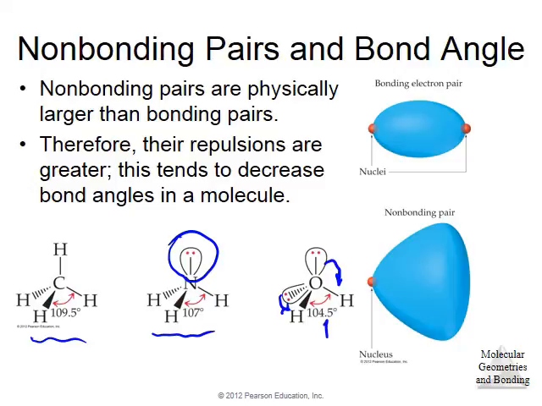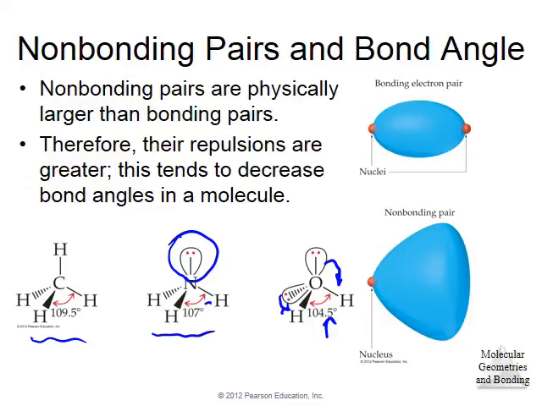So this angle is no longer 109.5, rather it's slightly smaller than that, and that's why it's 104.5. You don't need to memorize these angles. I'm talking especially about those angles smaller than 109.5. If you just know that it's smaller than 109.5, that would be good enough.